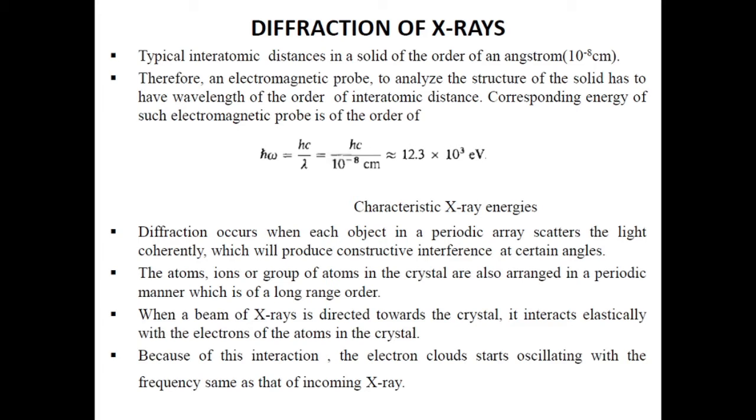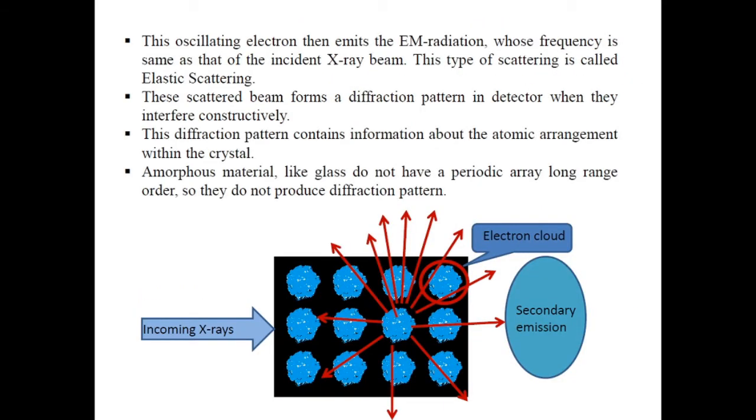Therefore, whatever electromagnetic radiation is emitted by the oscillating electron clouds will have a frequency equal to that of the incoming X-ray.